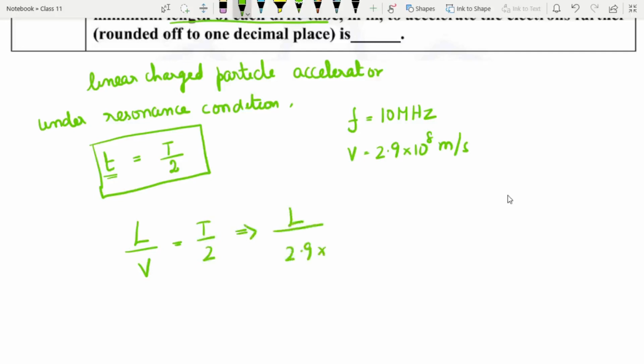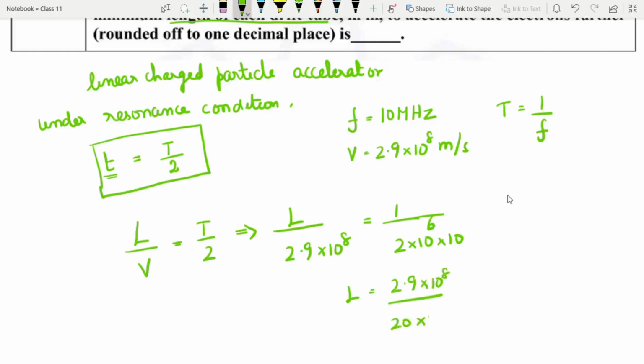Time period T is equal to 1 divided by f. So you get 1 divided by 2 into 10 raised to 7. So L is equal to 2.9 into 10 raised to 8 divided by 20 into 10 raised to 6. That is equal to 14.5 meter. So this is the length of the drift tube.